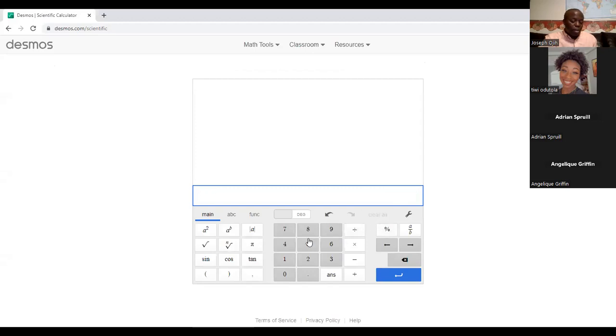We have 1.96 times the square root of 0.12 times 0.88 divided by 200,000.